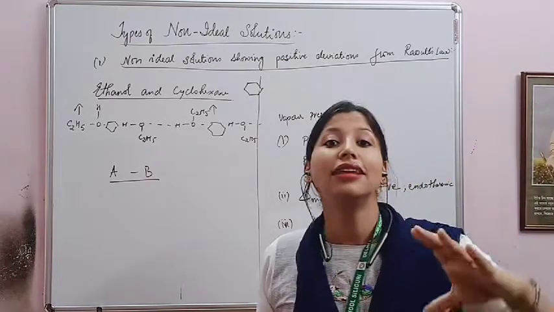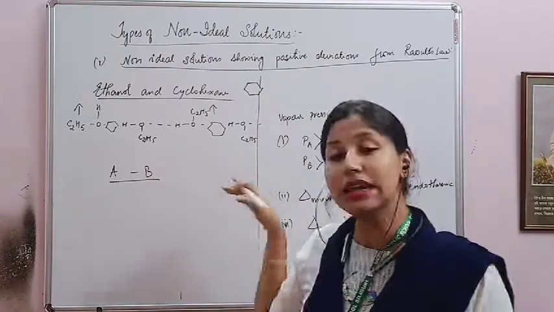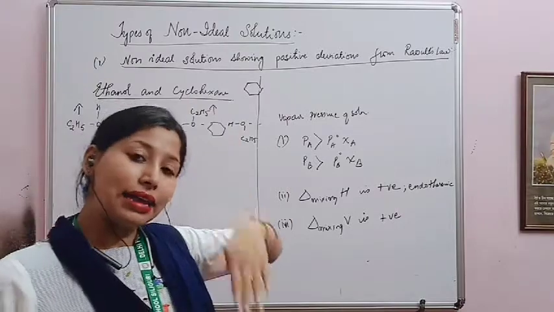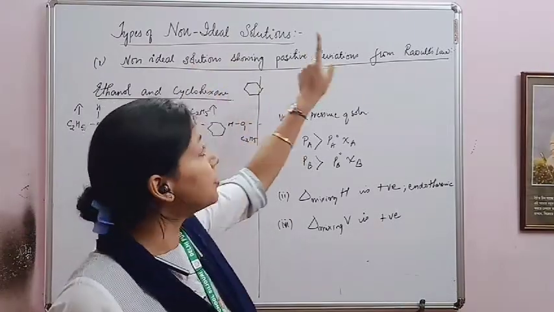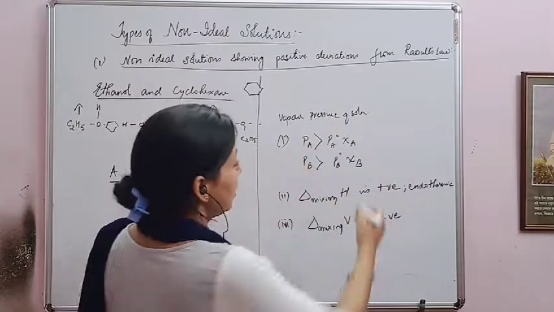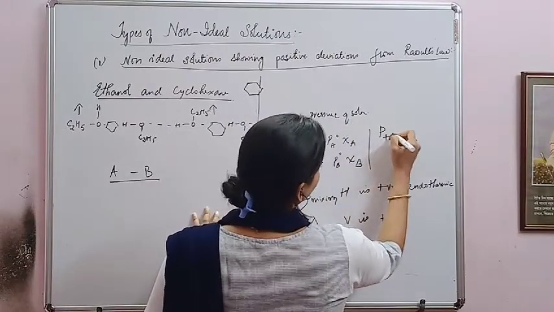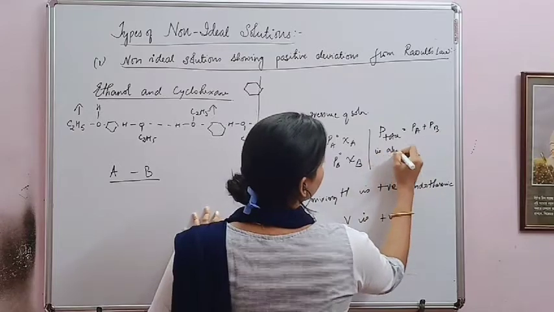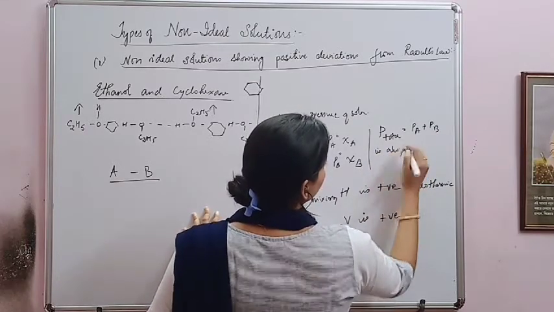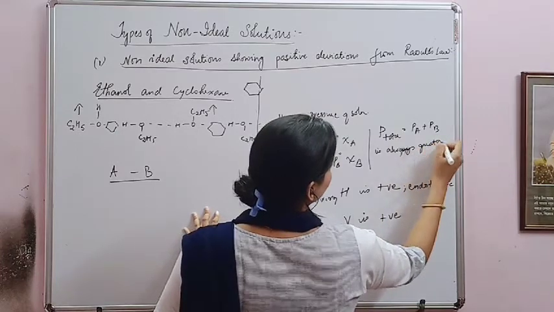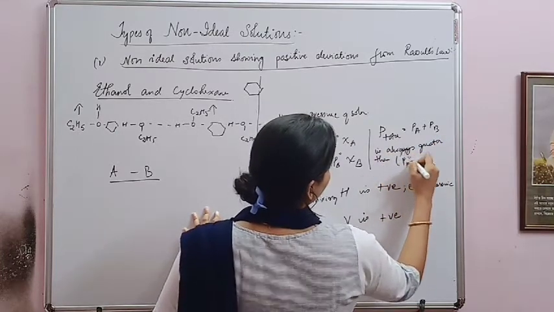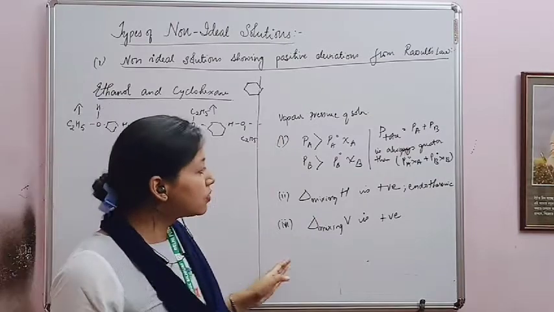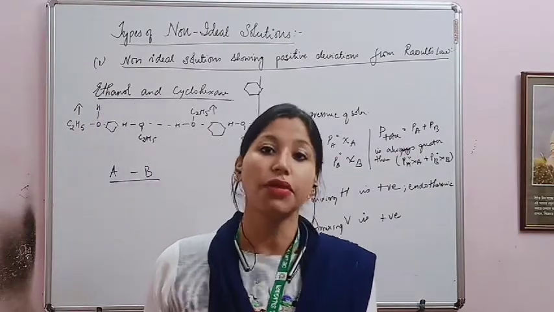The volume of the solution increases after mixing A and B. So this kind of solutions where there is an increase in pressure from the ideal condition are said to show positive deviation from Raoult's law, because the total pressure of the solution, that is P total equal to PA plus PB, is always greater than PA naught chi A plus PB naught chi B. Okay, so this kind of solutions are said to show positive deviations from Raoult's law.